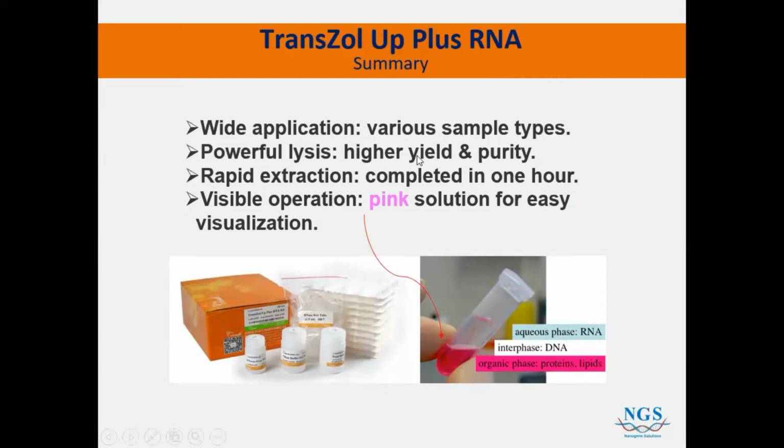It will give you high yield and high purity, and the extraction can be completed within 1 hour. So it's quite fast. Most importantly, there is this pink solution for easy visualization. With this pink solution, with this organic phase here, you can easily extract the aqueous phase out without interfering with the organic phase, okay?